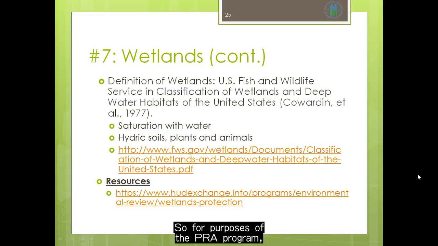So for purposes of the PRA program, which we're trying to line up with our usual requirements, we're relying on the usual definition of wetland that we would use. So it's essentially a difference between the Clean Water Act wetland definition and the Executive Order 11988 definition of wetland. So just a little background in case you're wondering.